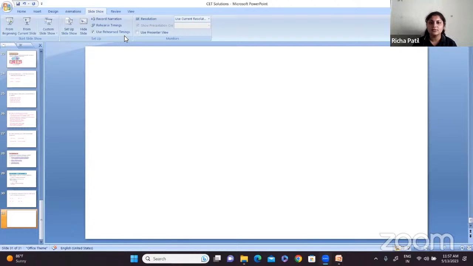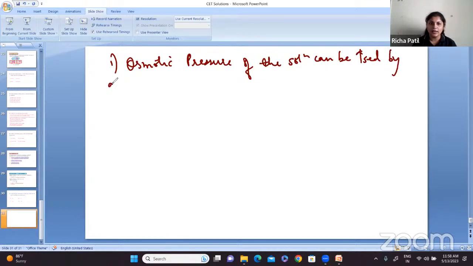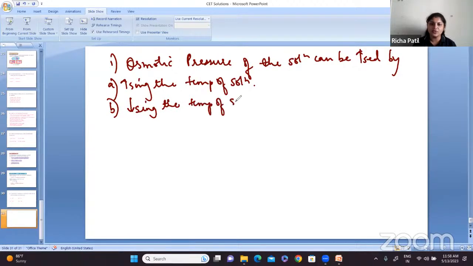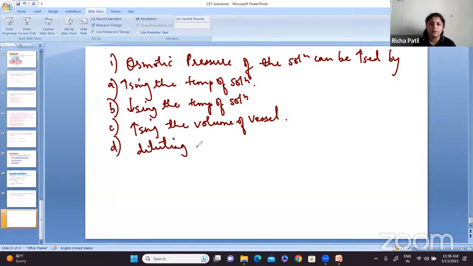So, osmotic pressure of the solution can be increased by: A, increasing the temperature of solution; B, decreasing the temperature of solution; C, increasing the volume of vessel; D, diluting the solution.